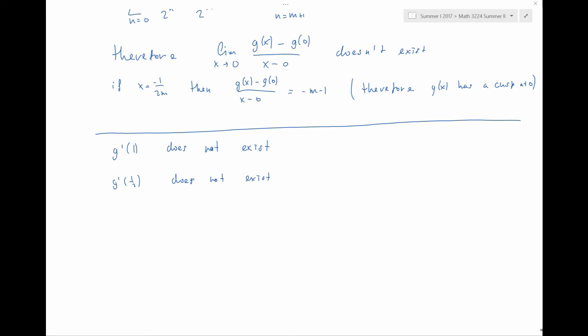Very similarly, we can show that g prime at the points k over 2 to the power m doesn't exist.